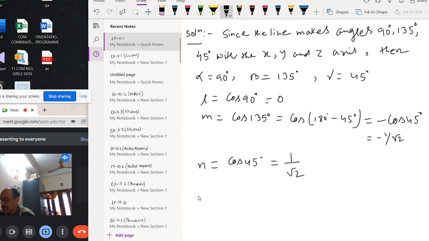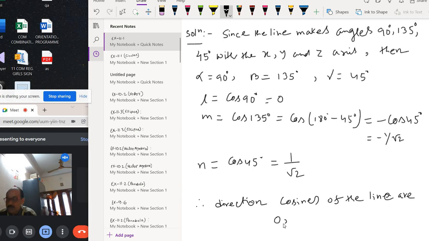The direction cosines of the line are therefore 0, minus 1 by root 2 and 1 by root 2. Okay.